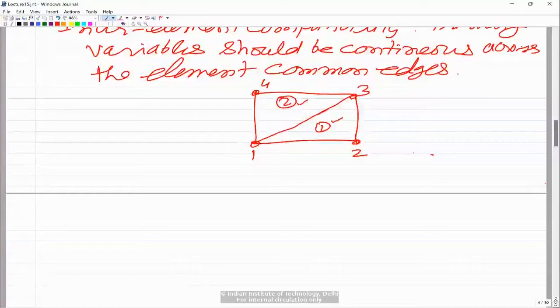Triangular elements satisfy that requirement, and rectangular elements also satisfy it. But if you go for an arbitrary quadrilateral element formulated in terms of x and y, that is, the approximate solution is written in terms of x and y, then that will not satisfy the inter-element compatibility requirement.